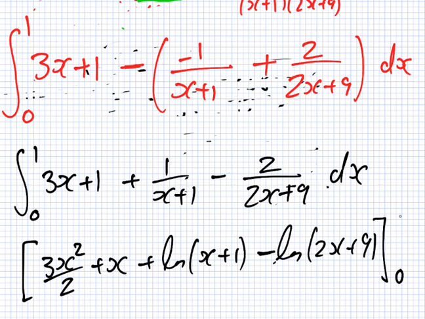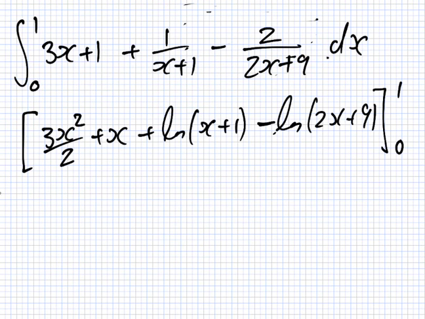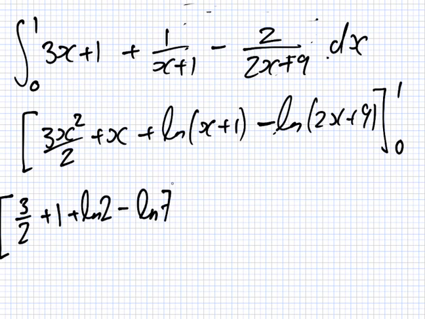And we have 0 and 1 to go in. So if I put in 1 first, I'll get 3 over 2 plus 1 plus log 2 minus log 7. And then if I put in 0 next, I get 0, 0, and log 1 is 0, yeah?